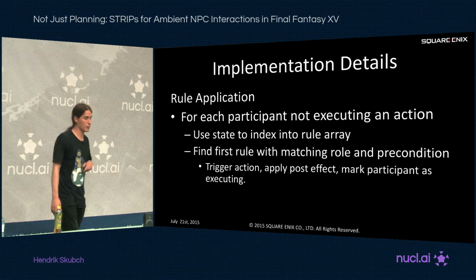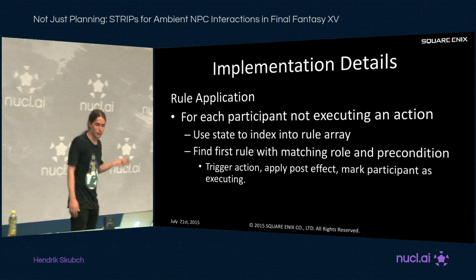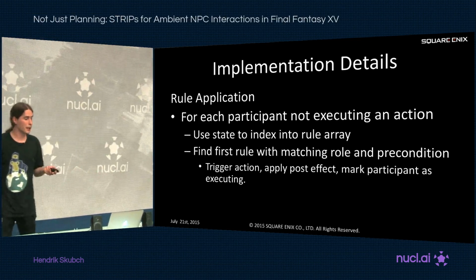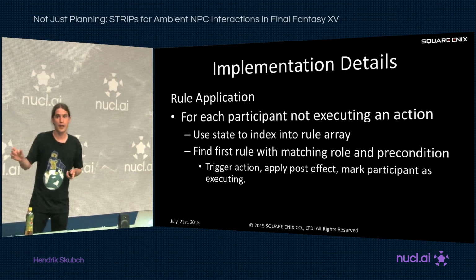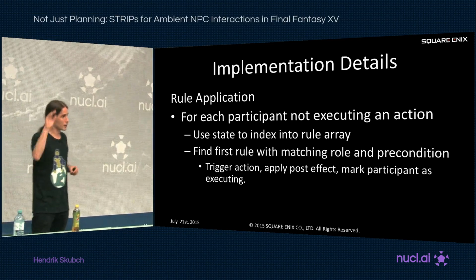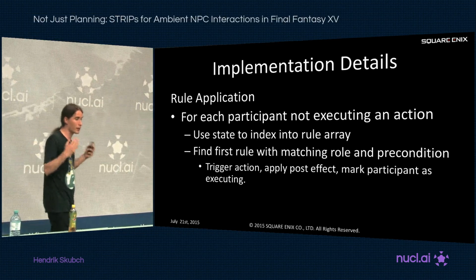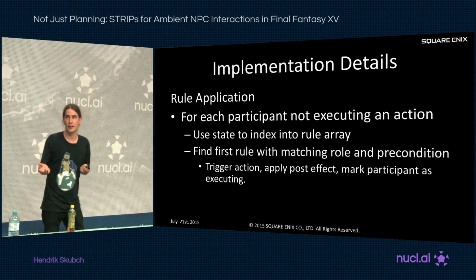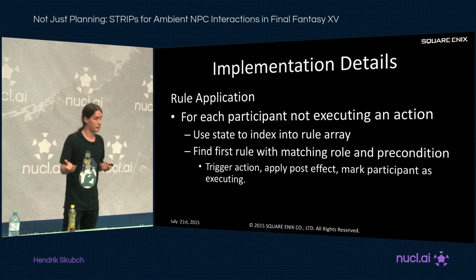Rule application is also very straightforward. For each participant who's not executing an action, we use its state to index into the array of rules, and then go through these rules and find the first one that matches both the rule and has a valid precondition.